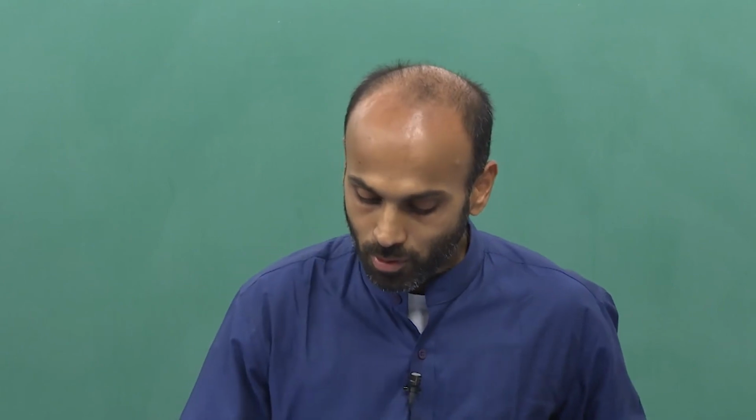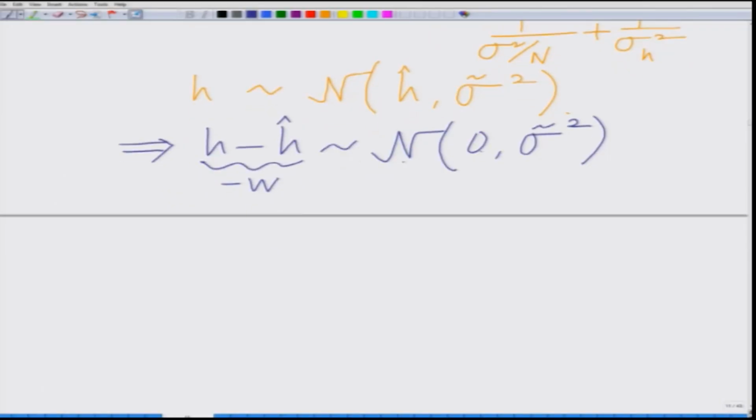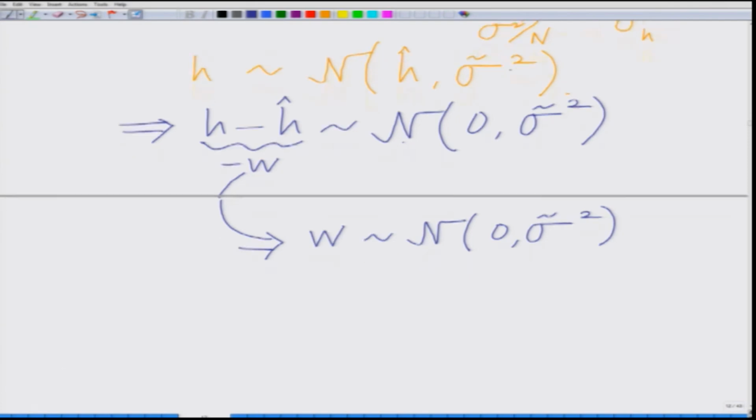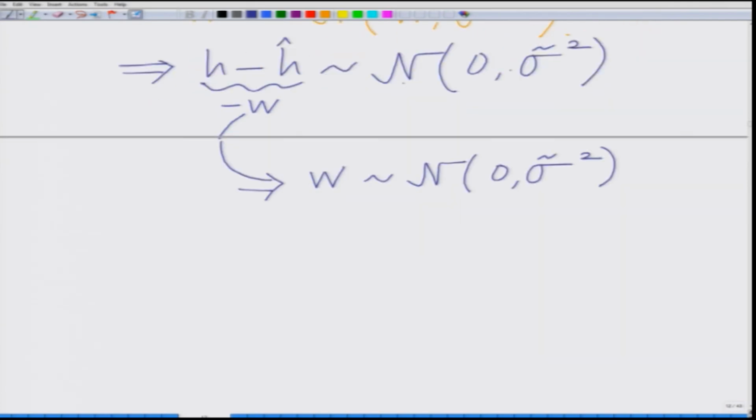So minus W is Gaussian with mean 0, variance sigma tilde square, and that also implies W is also Gaussian with mean 0, variance sigma tilde square, correct.